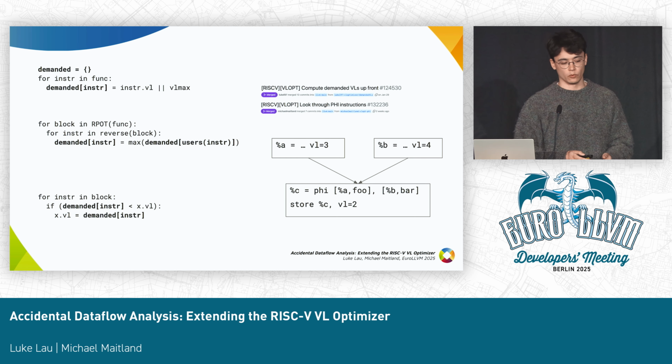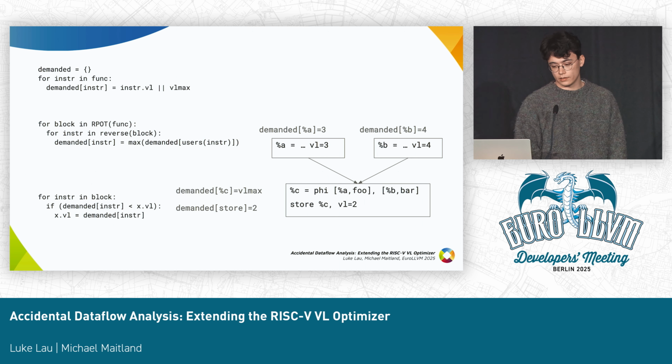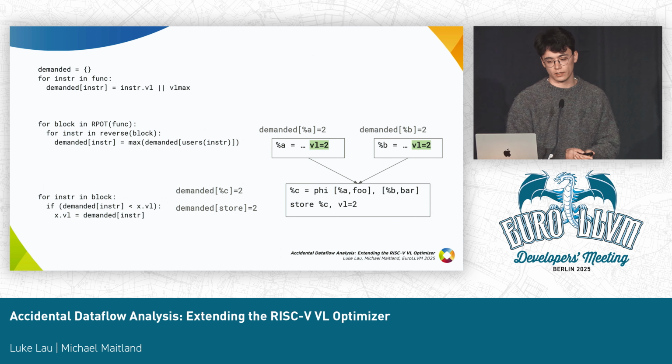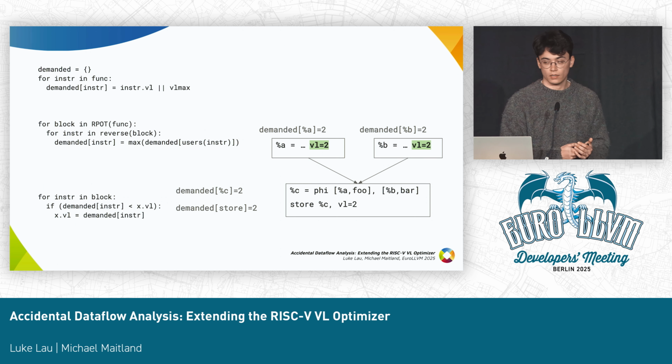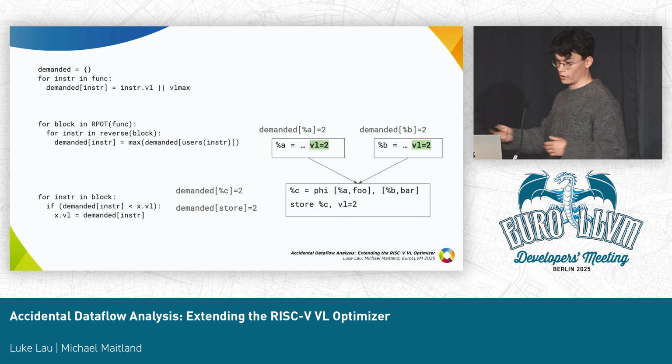And then in a separate step, we actually did the mutation, looking over the instructions again and looking up in that map. And that meant in this case, whenever we reached the phi node, we were able to reduce the demanded VL in its demanded map. And then we could propagate that up to A and B, which meant that we could then, in a separate step, do the actual mutation. So we're no longer doing it in situ.